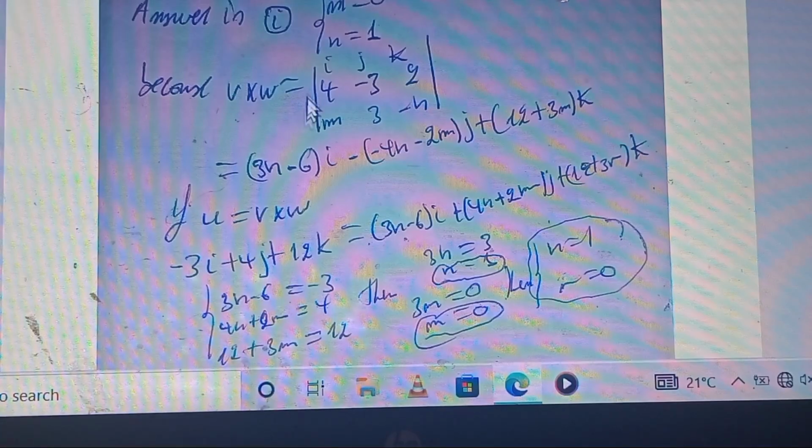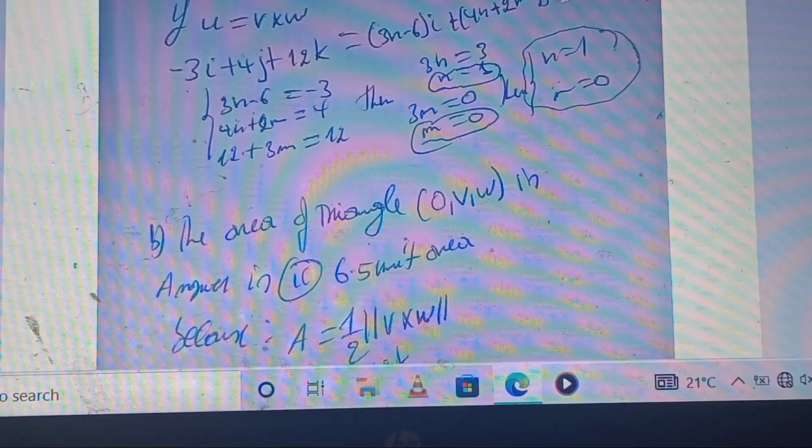So let me start with multiplication. U cross V, because it is cross multiplication, it is not dot. You will use i, j, k. Then you make the cross. After you cross, you will get that result. Then remember U is equal to V times W. You put the value of U, then the value of V times W, which means that the coefficient of i here is equal to the coefficient of i there.